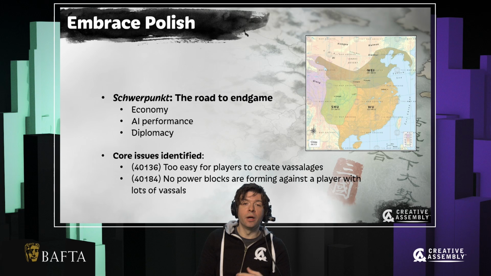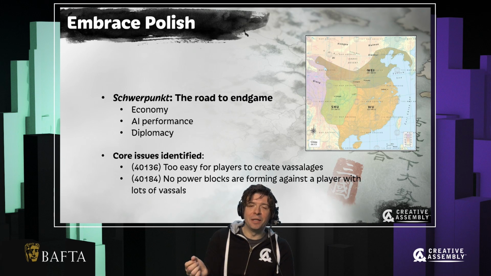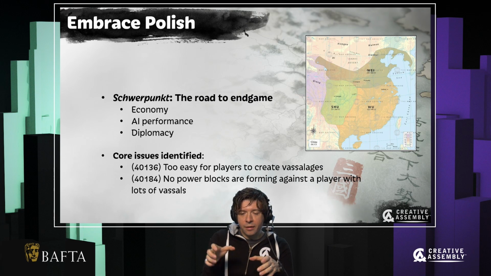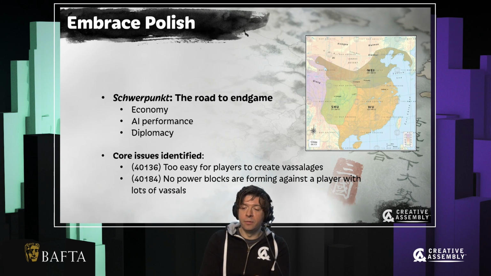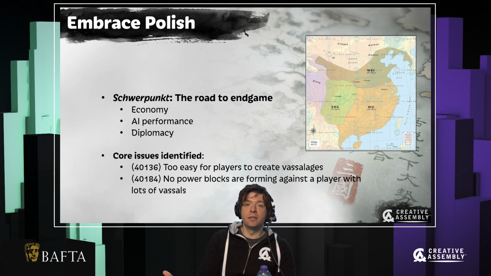But in the end, it turned out to be a bug in the diplomacy system and in the analysis of players who have a lot of vassals, which essentially meant that the AI wouldn't really understand this player as a threat. So by looking very closely at the confined problem space and at what the issues actually are, we were able to narrow it down to a few selected fixes that change the experience fundamentally.